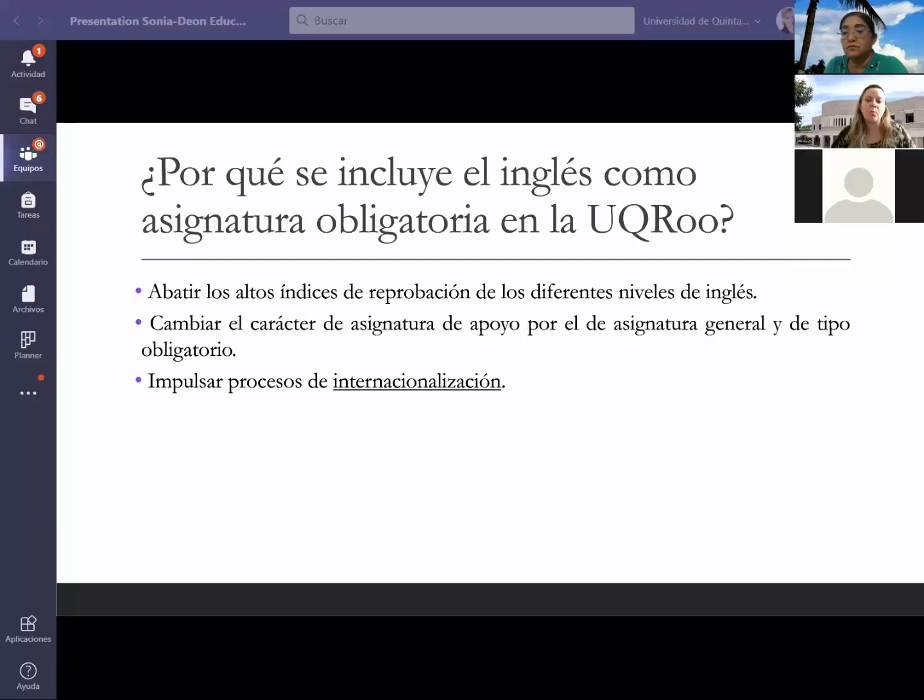Entonces, bueno, esos fueron los 3 objetivos de incluirlo.